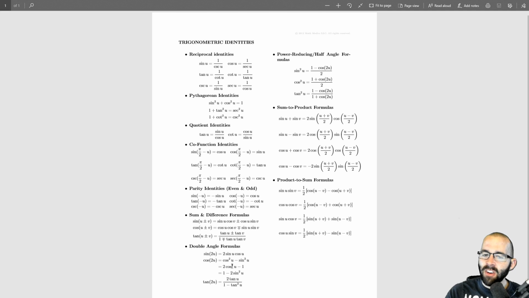And so if we use the Pythagorean identity, we can actually rewrite the cosine double angle identity in 2 different ways, which may or may not be helpful. So just be aware that you can use any one of these for cosine. You have freedom. Okay, so those are the double angle formulas. Let's use them.